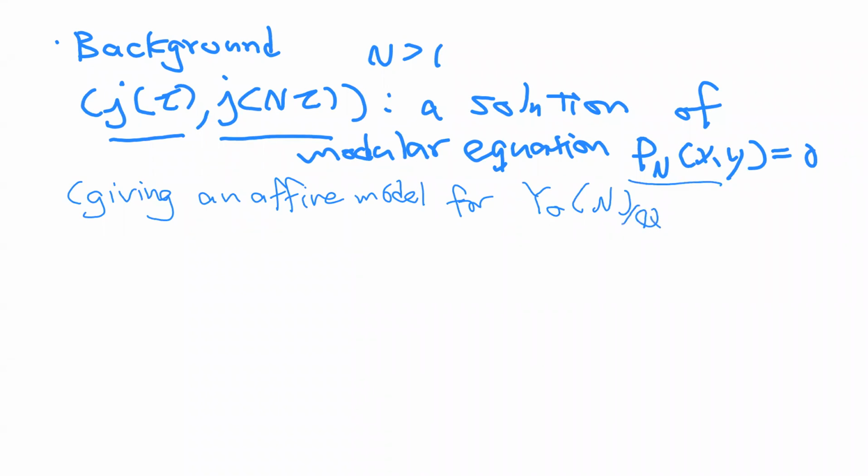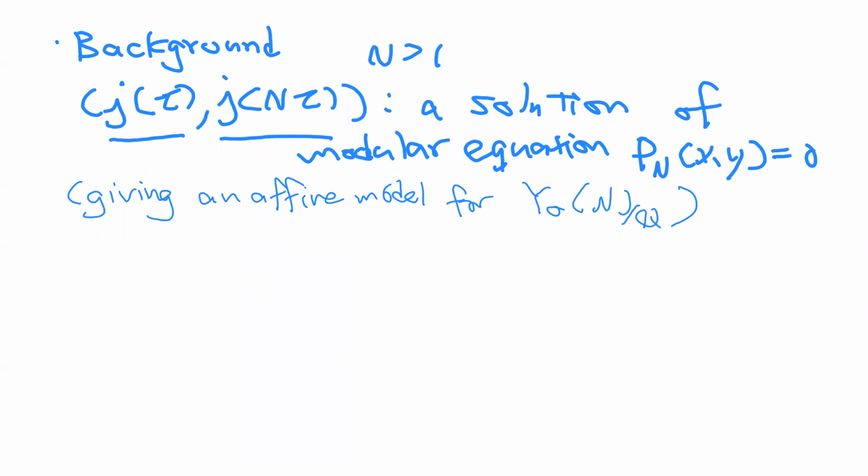Because this is a rational polynomial, it's an affine model over Q. So this is an explicit way to define an affine model for a modular curve Y0 of n, and this has been known for a long time, probably going back to Kronecker.